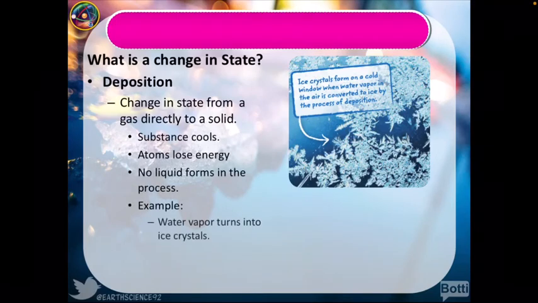Or for example, when you go to Kullu Manali of India, what can you find there? A very cool season with some snow. Snow is a substance where the vapors or the moisture present around our surface are turned into snowflakes.